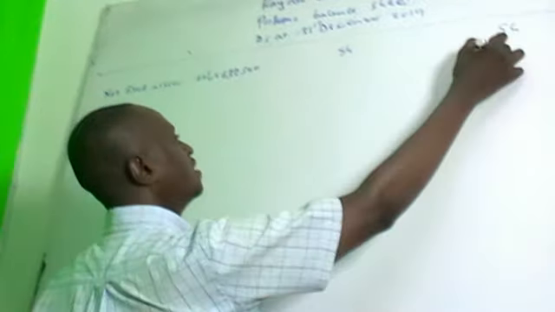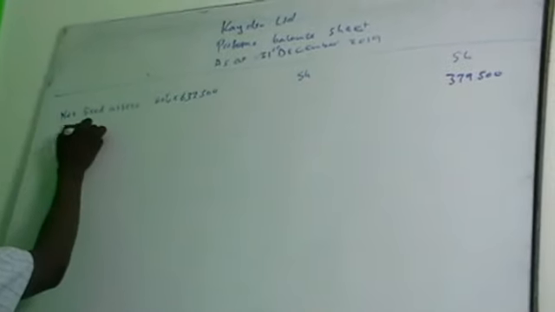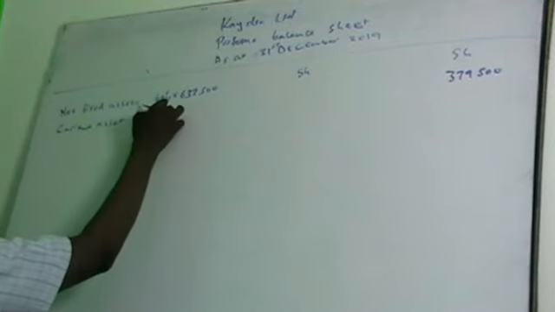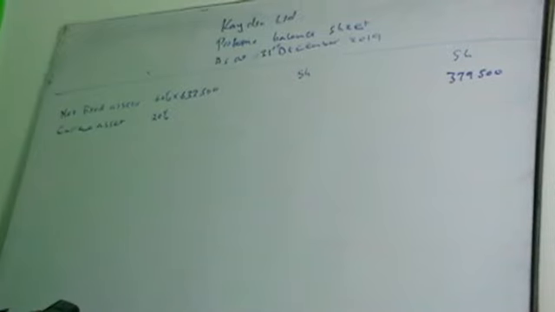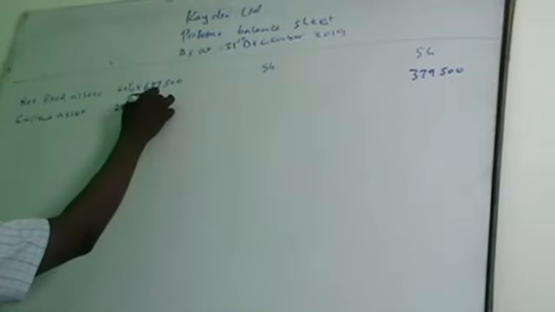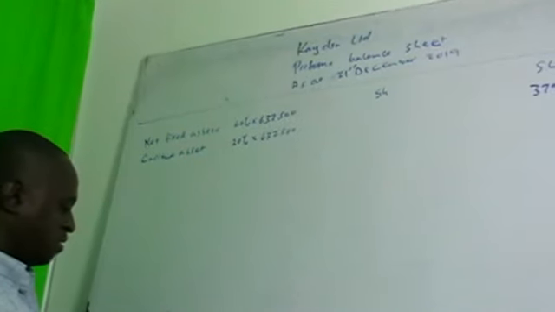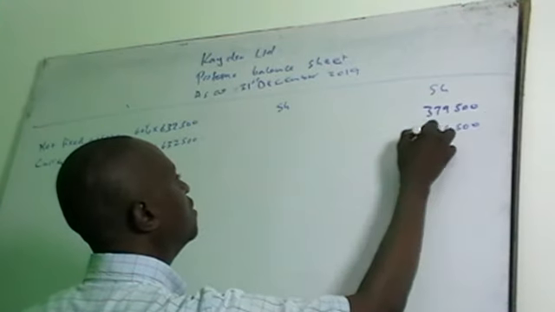So that is 379,500. Next we have current assets. This was 20%. So we have 20% times 632,500. So that is 126,500.